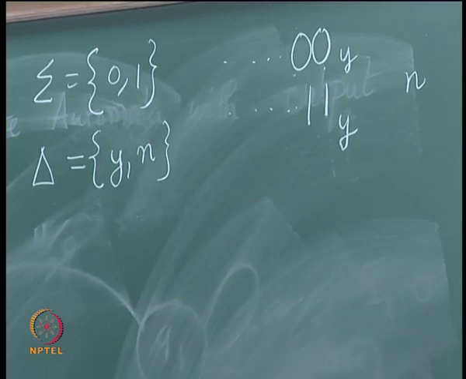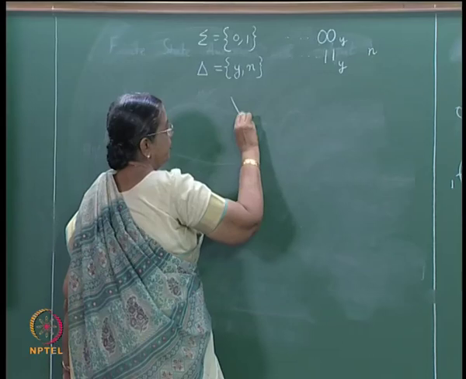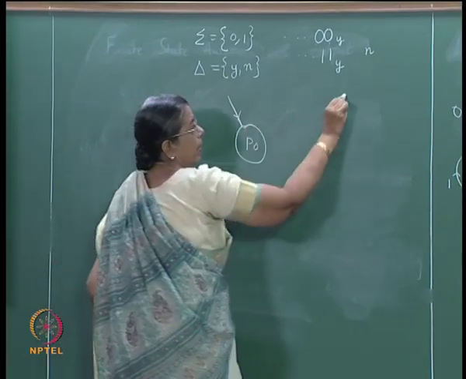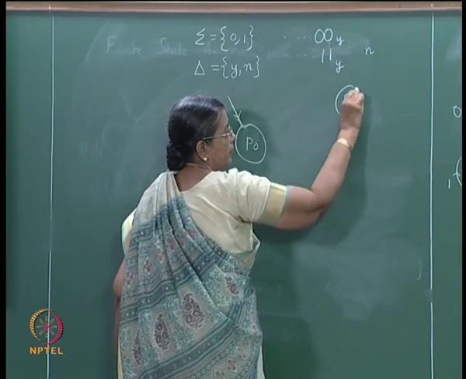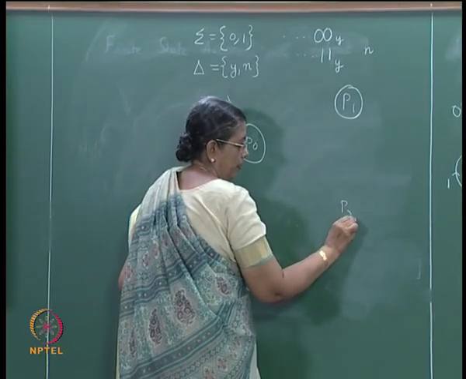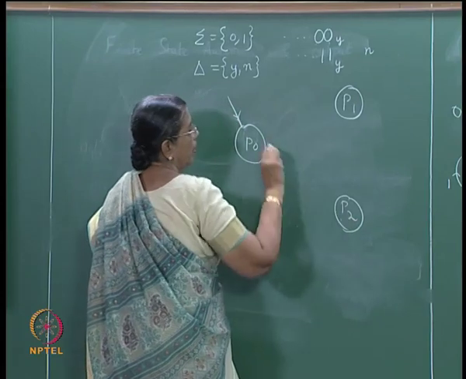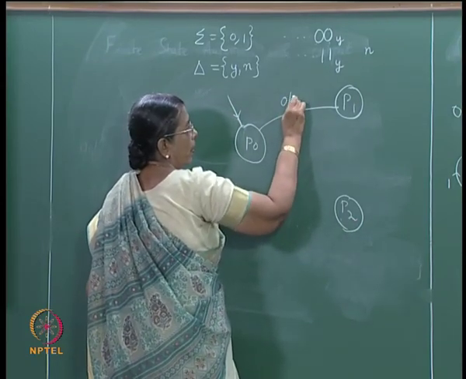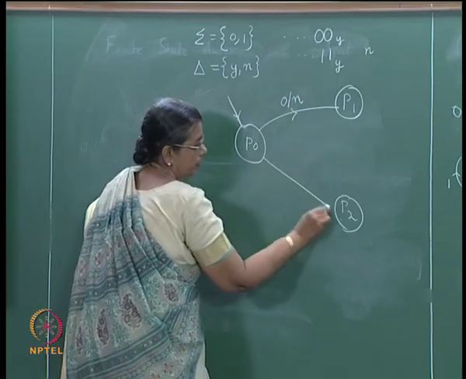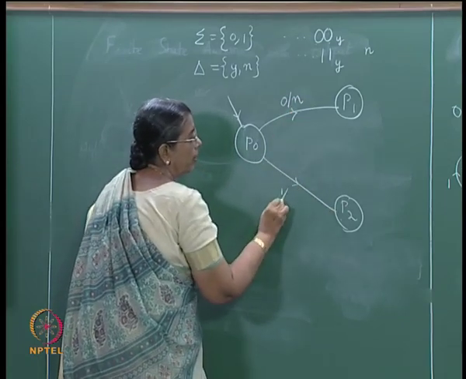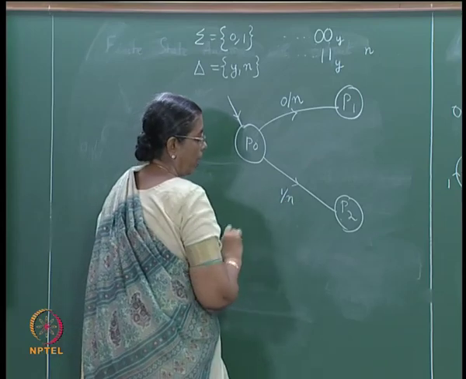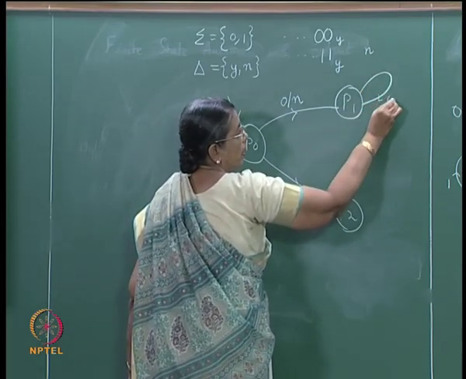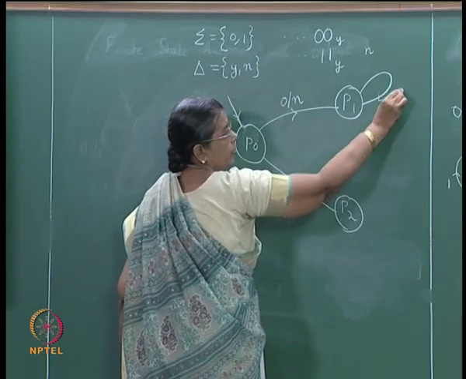So, the state diagram for that will be of this form: P naught, P1, P2. When I get a 0, output a no. When I get a 1, again I output a no. One more 0, the last 2 symbols will be 0, 0.